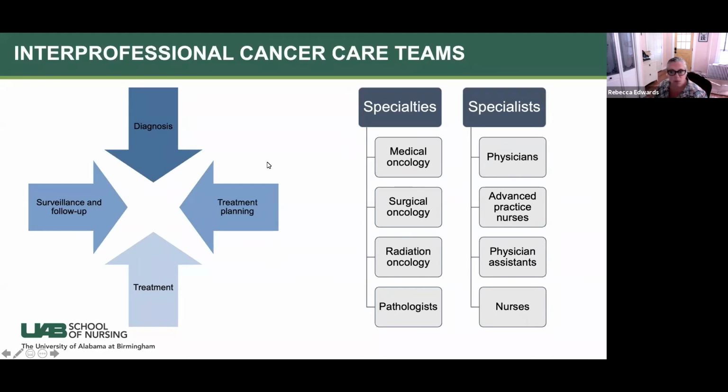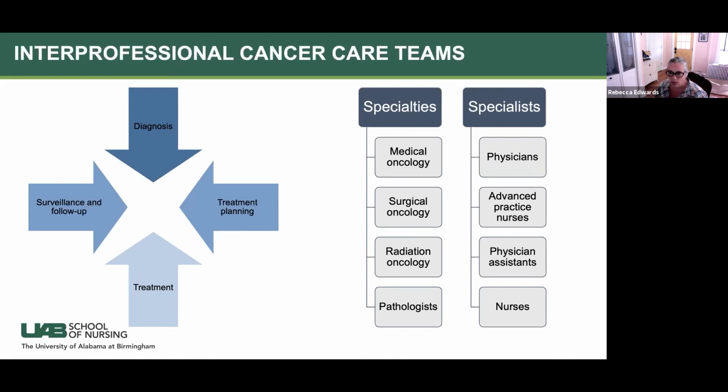The specialties involved with an interprofessional cancer care team are medical oncology, who are typically involved with the systemic treatment of cancers, such as chemotherapy or different biotherapies, immunotherapies, targeted oral agents, that type of thing.